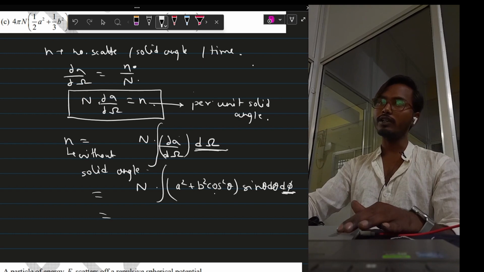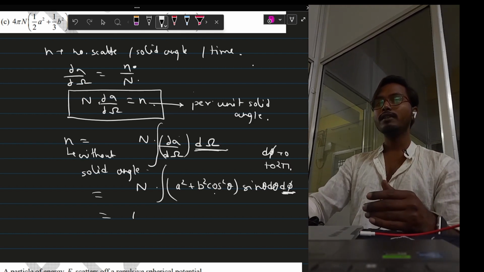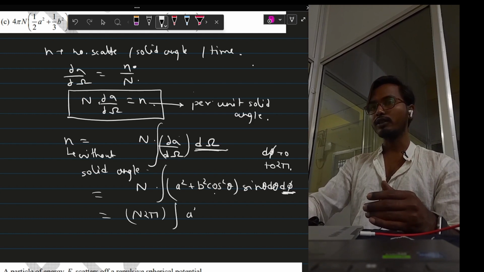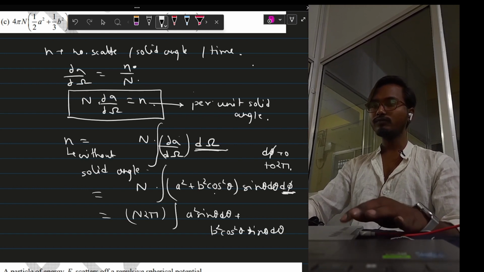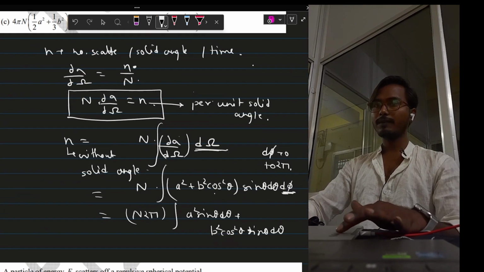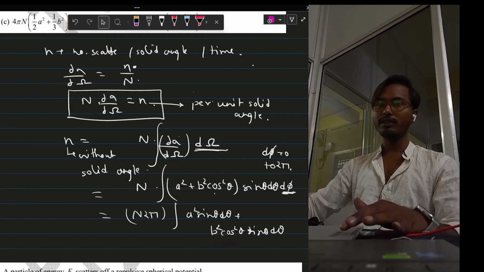If we integrate d phi, the limits for d phi are 0 to 2 pi, which gives 2 pi. Now let us solve this: a square sin theta d theta plus b square cos square theta sin theta d theta. We need more space here.